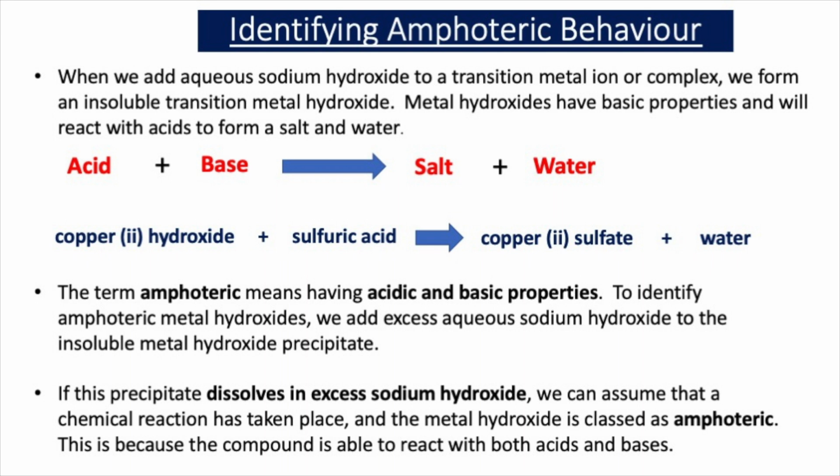This is because the compound is able to react with a base, and we already know that metal hydroxides would react with acids, so we can conclude that if the precipitate dissolves in excess sodium hydroxide, the metal hydroxide is amphoteric.